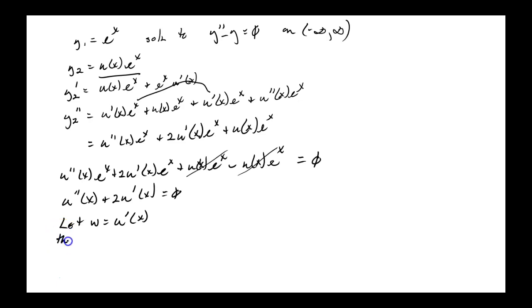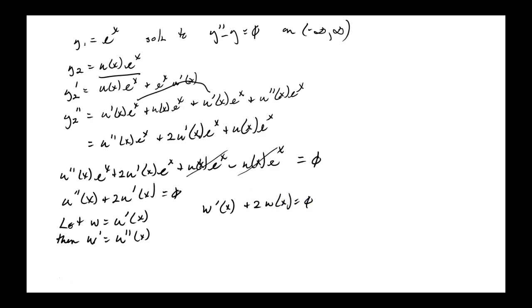Then what would w prime be? It would be u double prime. So your new equation becomes w prime of x plus 2w of x is equal to 0.